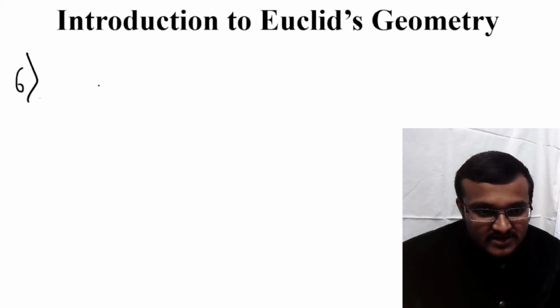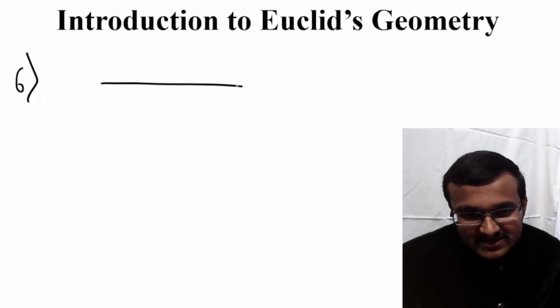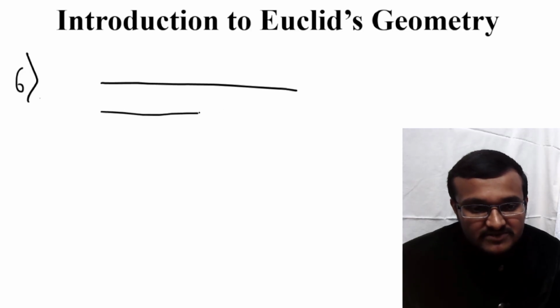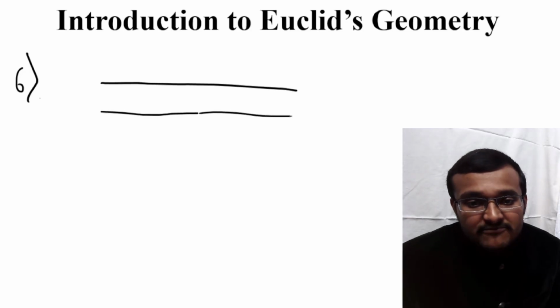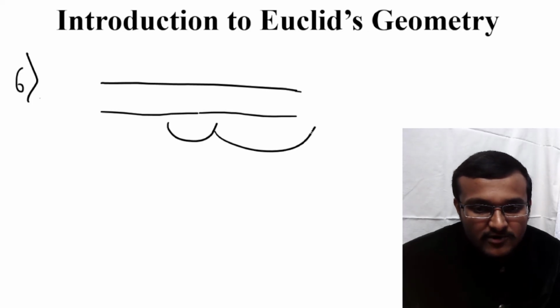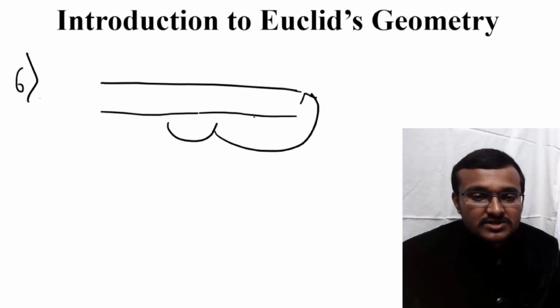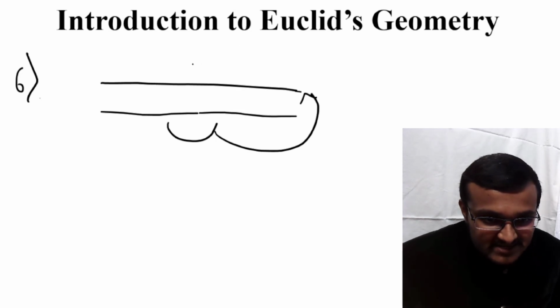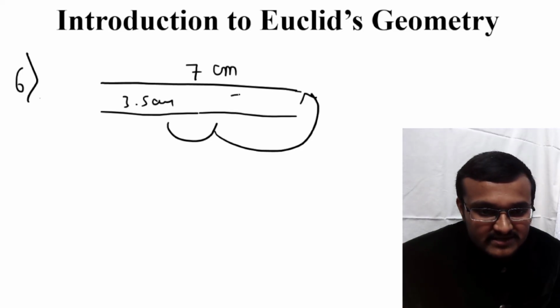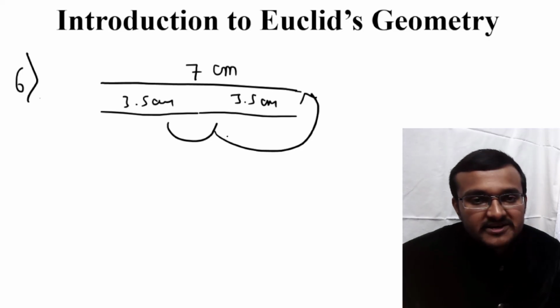In order to understand this, you can take one big line and you can take two lines which are half of this big line. So these two lines combine to form this bigger line. Here I am taking a 7 centimeter long line and I am taking 3.5 centimeter and 3.5 centimeter, two different lines.